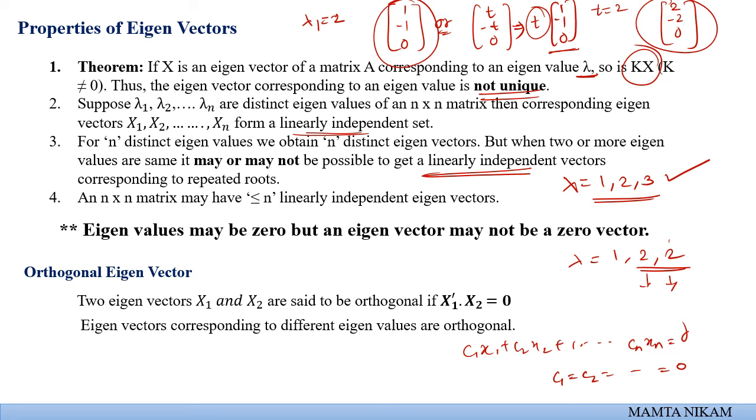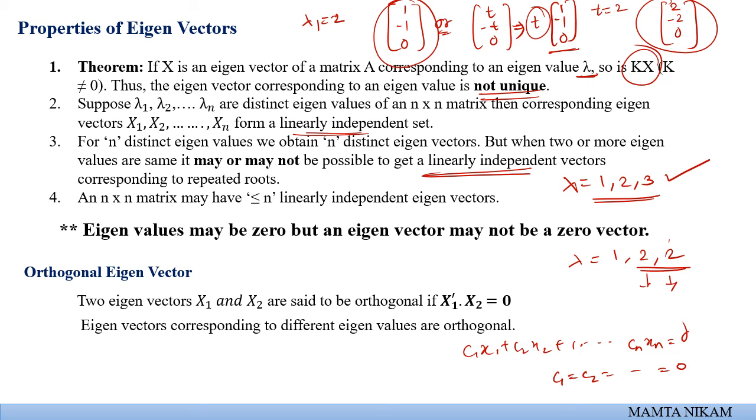Fourth property says, an n cross n matrix may have less than or equal to n linearly independent vectors. Means कितने आइगन वेक्टर्स लीनियरली इंडिपेंडेंट आइगन वेक्टर्स हो सकते हैं एक n क्रॉस n मैट्रिक्स के लिए. इट मे बी इक्वल टू n और लेस देन n बट नॉट ग्रेटर देन n.